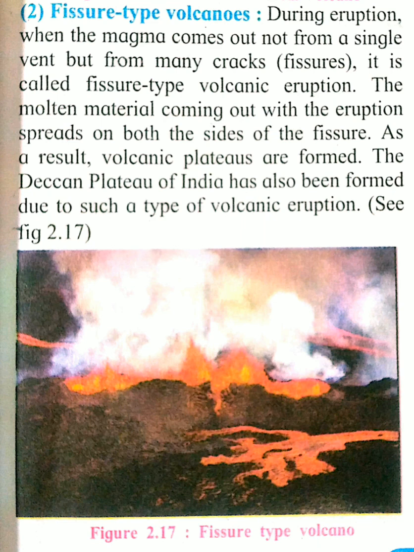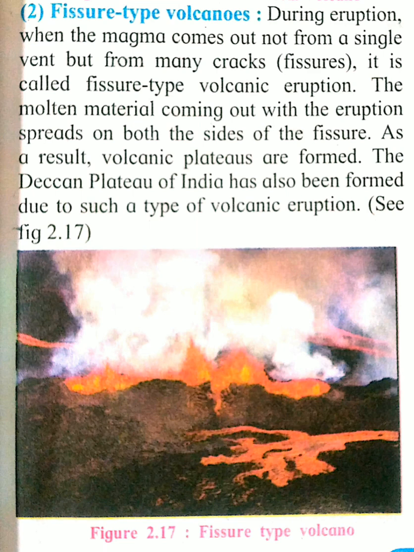Quite many cracks develop on the ground in the fields, and through such cracks this magma comes out. The magma gets sprayed over the ground, and the landform created is the plateau. The molten material coming out with the eruption spreads on both sides of the fissure. As a result, volcanic plateaus are formed.